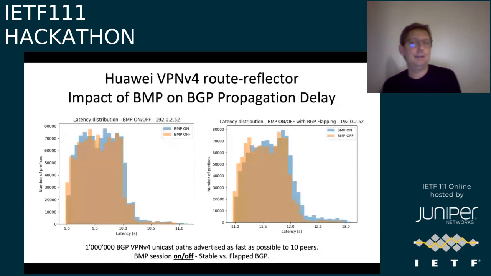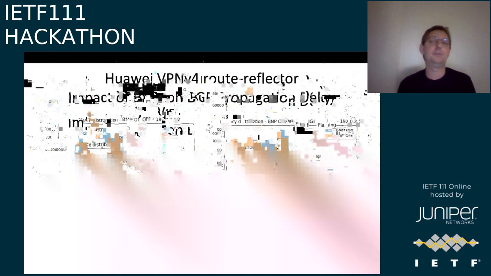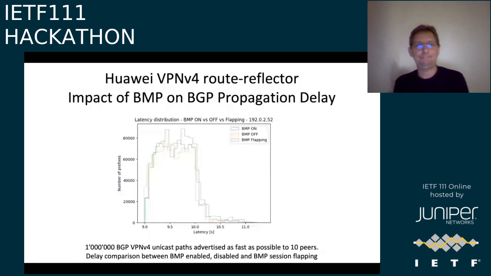On the right-hand side, you can see basically the same comparison, BMP on and off on the central route reflector, but compared to the left side, we were flapping all peers on the route reflector. Next slide, please. Now, same thing, but collapsed onto one graph, so the difference between BMP on, off, and flapping. Next slide.